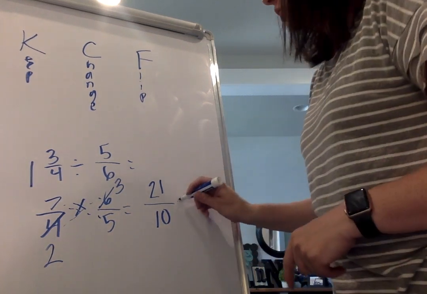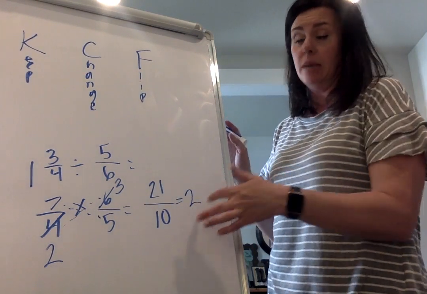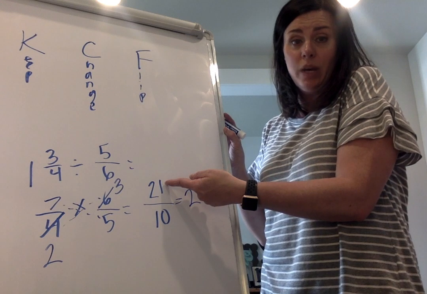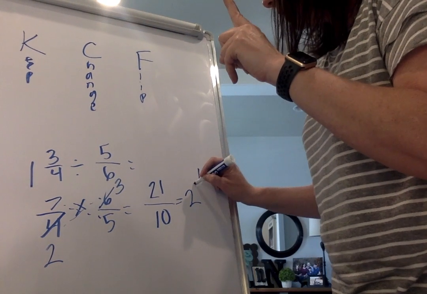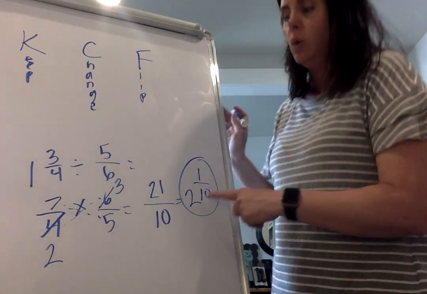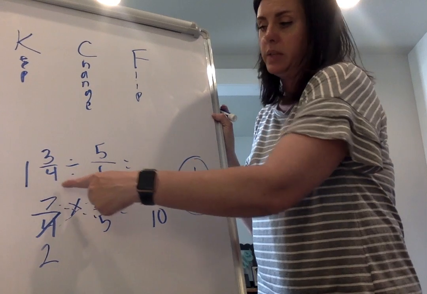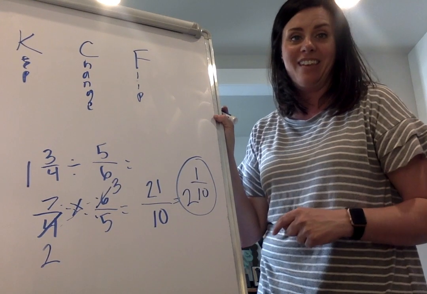So it goes in there 2 times with 1 left over. 21 minus 20 is 1. 1 left over. And we keep the same denominator. So our answer would be 2 and 1/10. So 1 3/4 divided by 5/6 is 2 and 1/10.